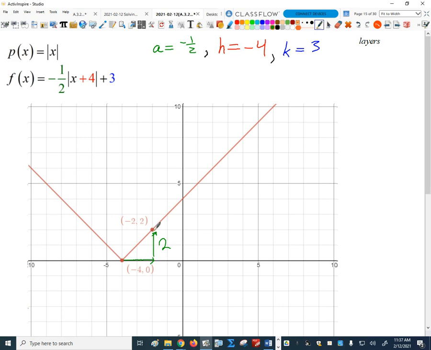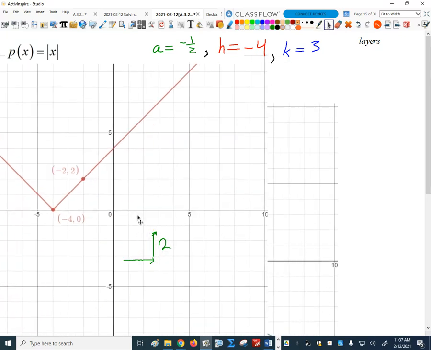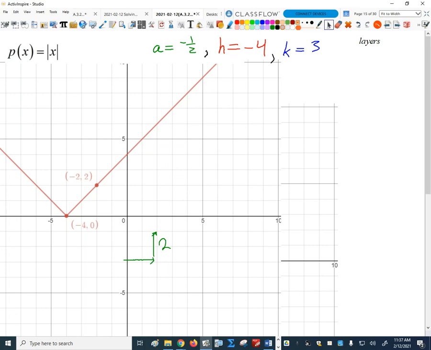We're going to figure out how we're going to dilate that point, where it's going to get stretched to vertically. We're going to multiply the normal parent height by my vertical dilation factor of negative 1/2.